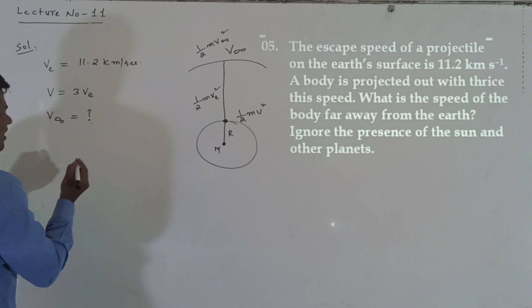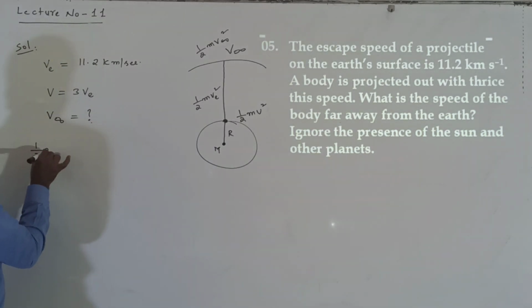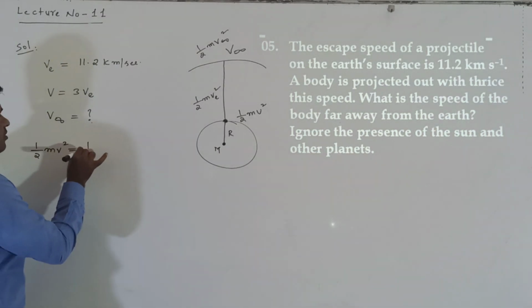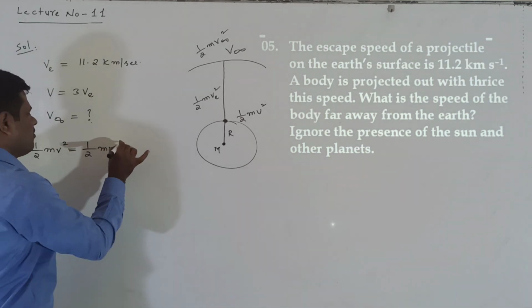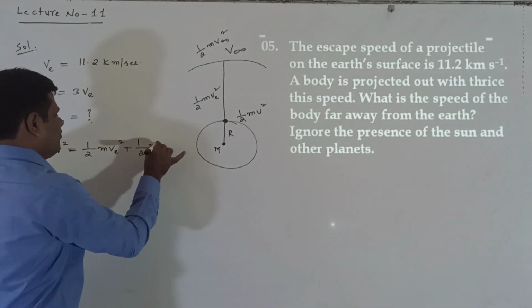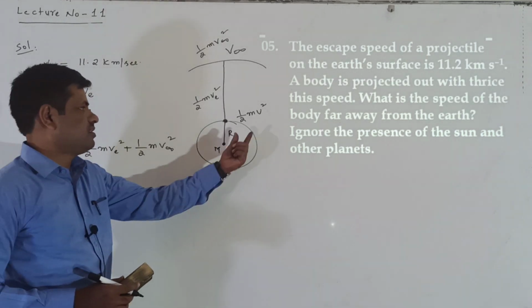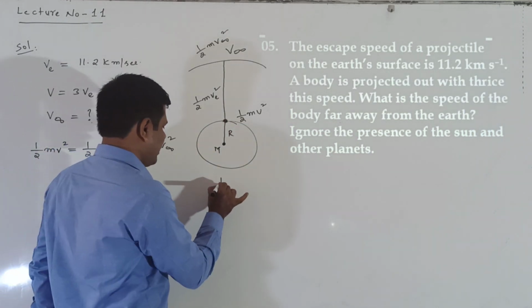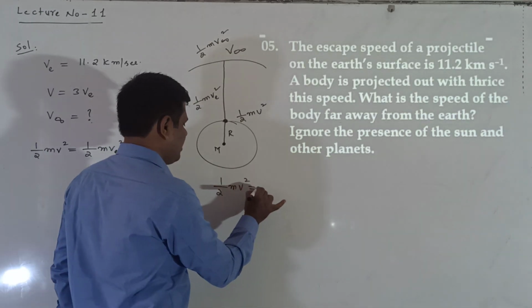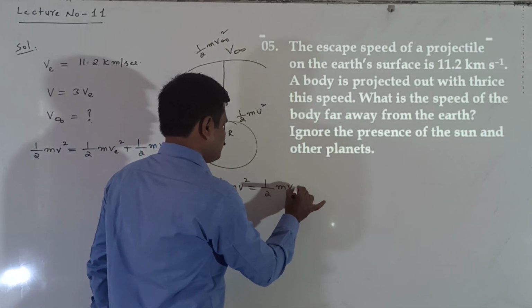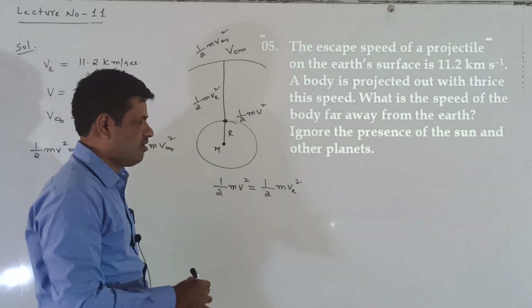So the total kinetic energy we have written already. We know that half mv square is equal to half mV square plus half m v infinity square. This kinetic energy given to the body is used in two parts. One part is used to escape from the gravitational field of earth.